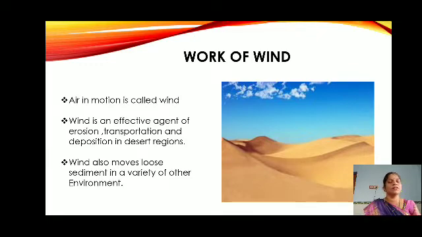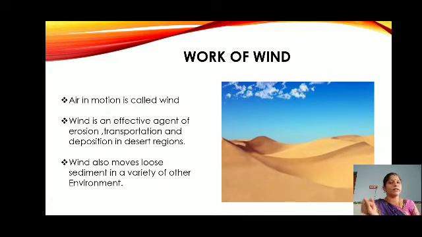Air in motion is called wind. Motion of air is called wind. Wind is an effective agent of erosion. That is very important, because exogenic forces work in two ways, erosion and deposition.